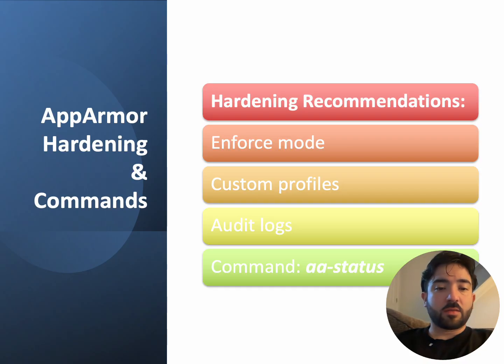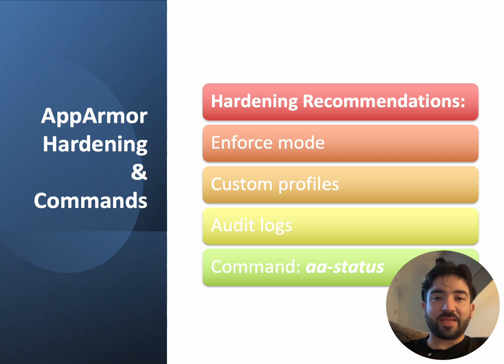On the next slide, we have AppArmor hardening and the commands that I used to meet the instructions. I also researched AppArmor hardening. First, profiles should run in enforce mode so they block violations.